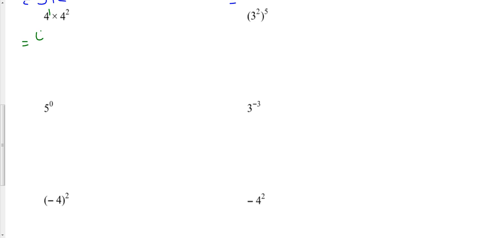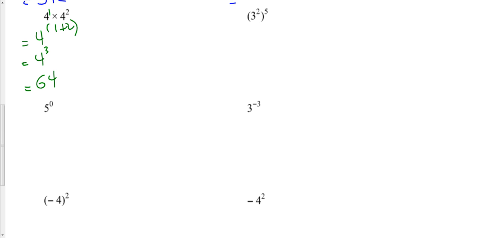They have the same base, 4, so 1 plus 2 gives 4 to the exponent 3, and if I plug that into my calculator, 4 to the exponent 3 is 64.